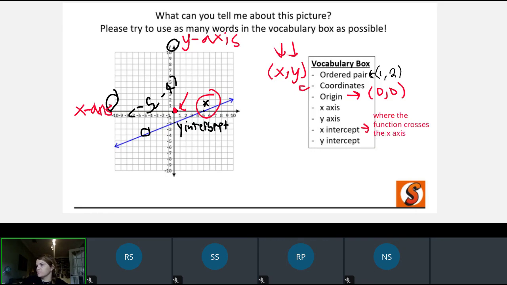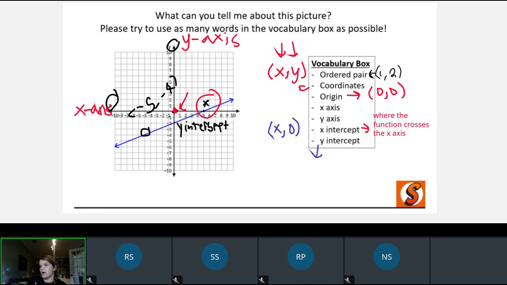There we go. The x-intercept, when we write it out, is, think about it. If we're going to cross on the x-axis, it's always going to have some number for x, and then y is going to be 0. Okay, the number for x could also be 0, but for the x-intercept, y is going to always equal 0.